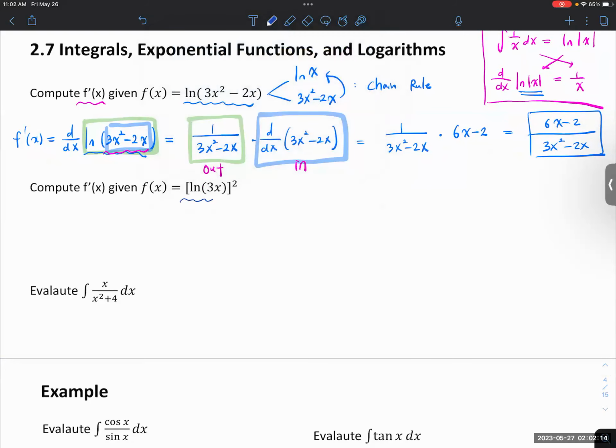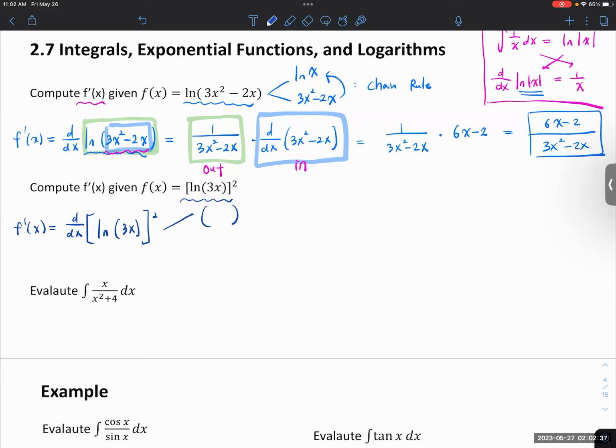We have ln 3x, the entire thing to the second power. As you see in this function, we are going to take the differentiation. So d over dx of ln 3x, entire second. Wait. We have to see the structure of the given function.